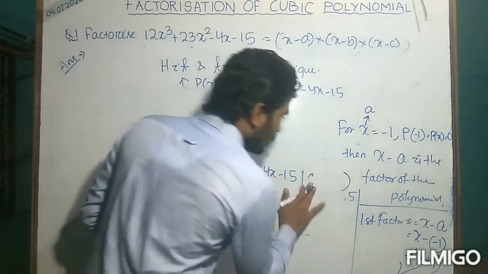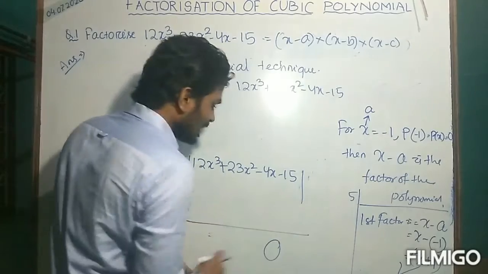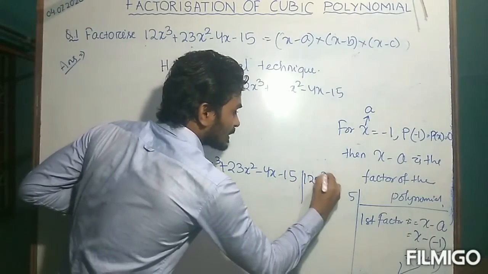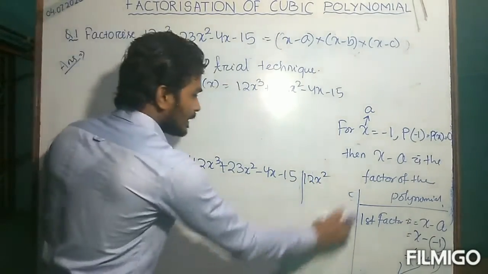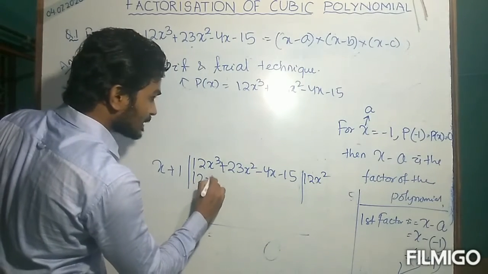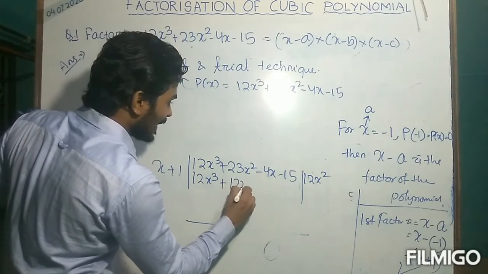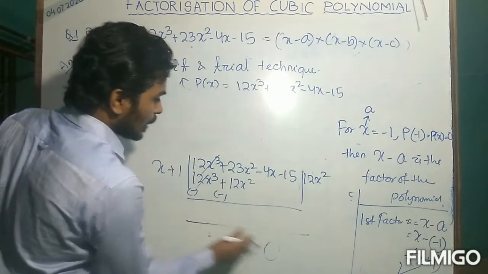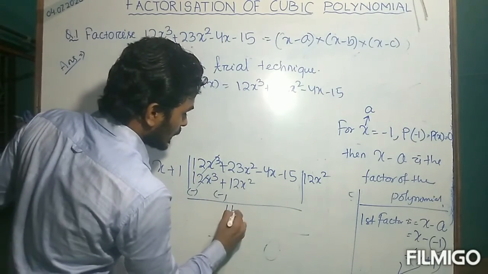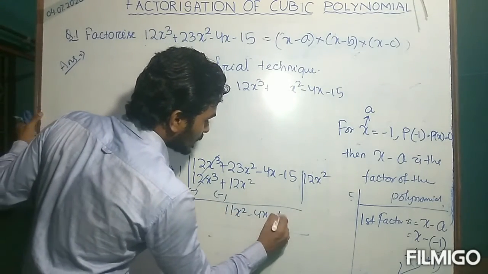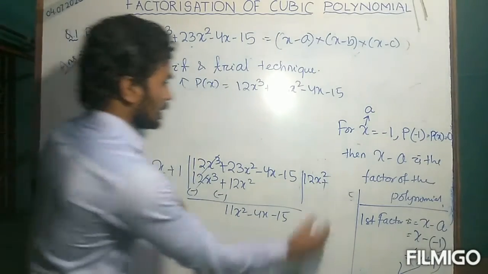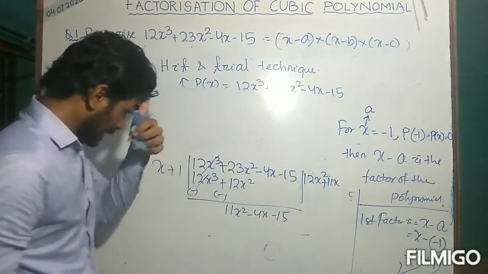So let us find what the quotient is. First write 12x square. So it will be 12x cube plus 12x square, minus, cancelled out. So it will be 11x square minus 4x minus 15. Then plus 11x.